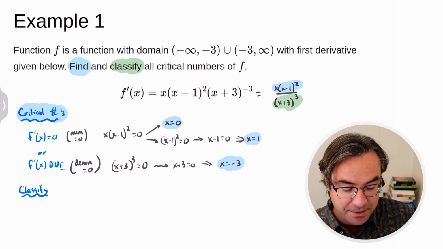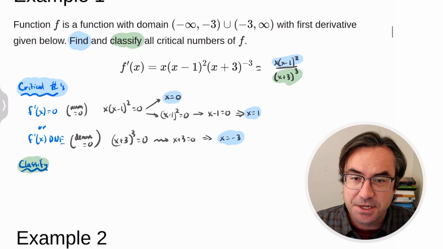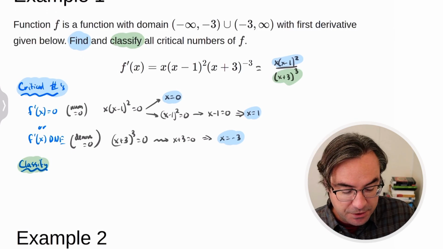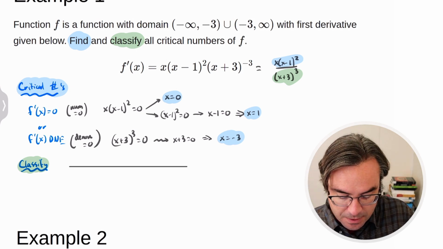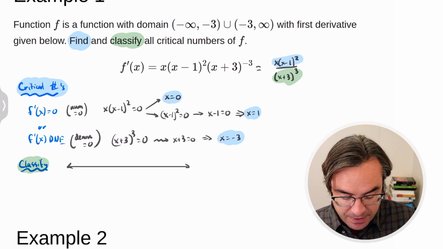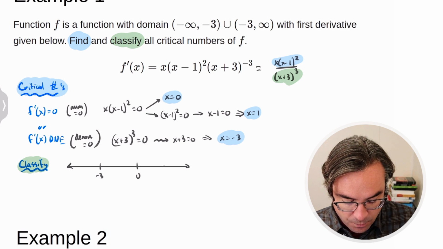So this is basically finding the intervals of increase decrease. So let's see what this would look like. So we're going to do our sign chart. Plot the numbers that we found. So we got -3, 0, and 1.